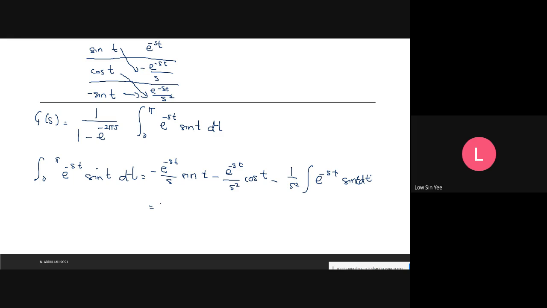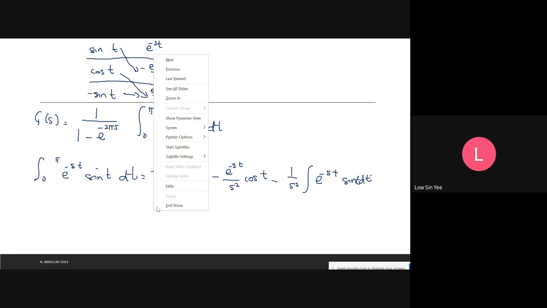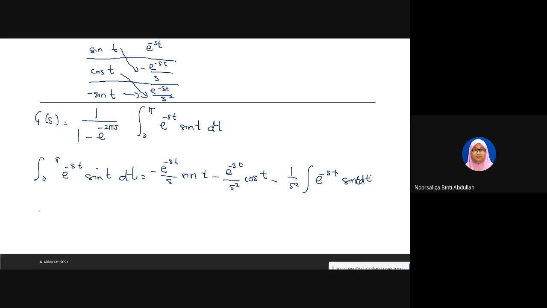So 1/s² plus 1, bracket. One over s² plus 1, bracket. Lepas tu yang integrate everything tu.